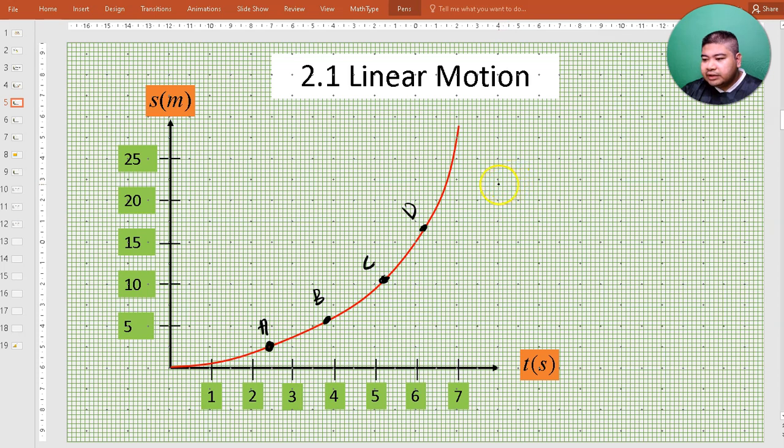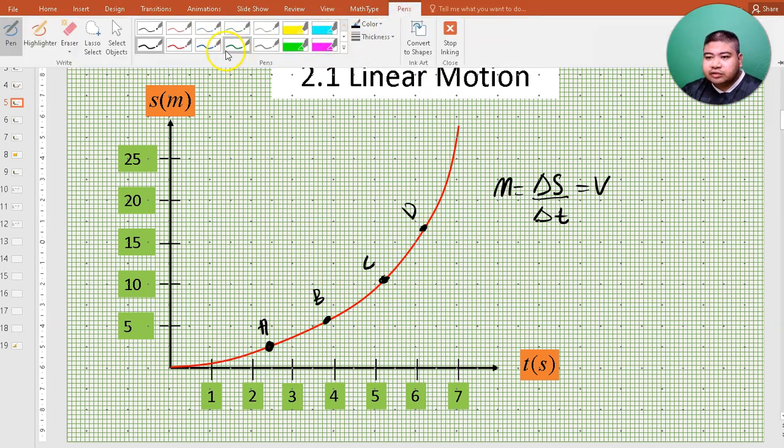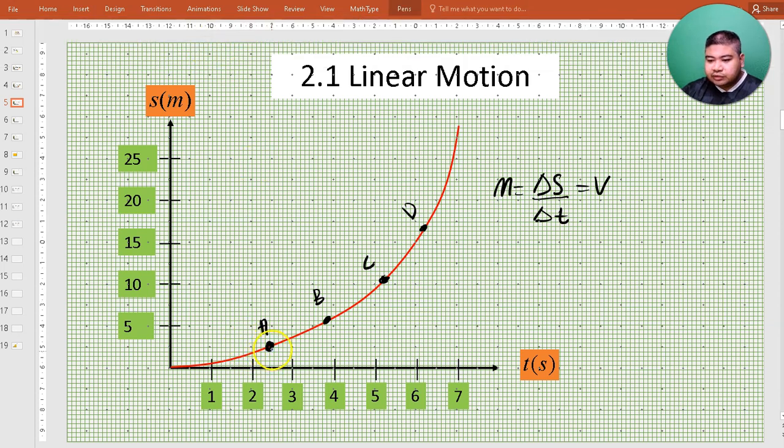So the gradient, which is delta S, the y-axis, over delta T, the x-axis, is the velocity of the object. From point A, point B, point C to point D, the object has a different gradient. If we draw a tangent at point A, we can see that this is the gradient at this point, and then the gradient is getting steeper and steeper.